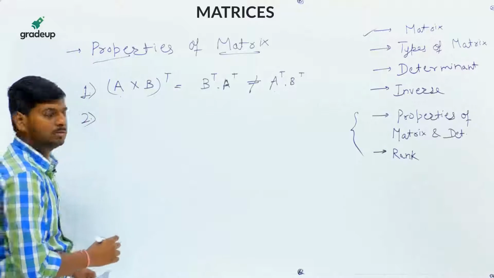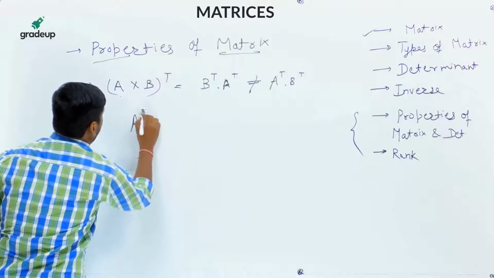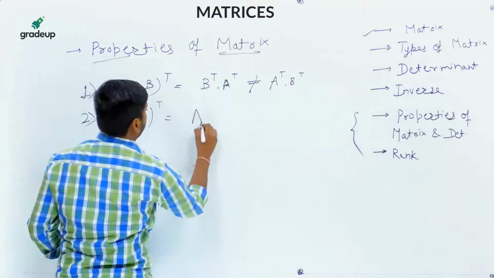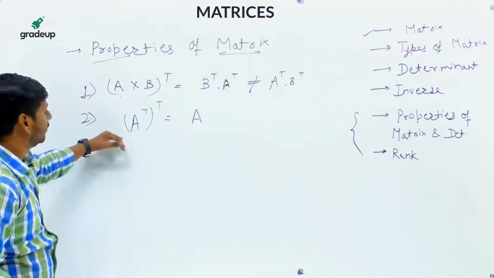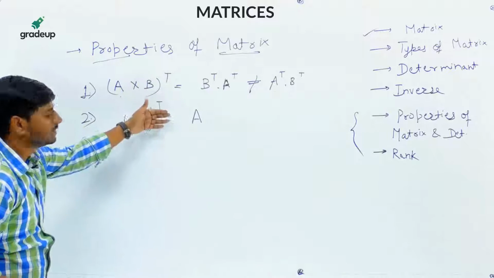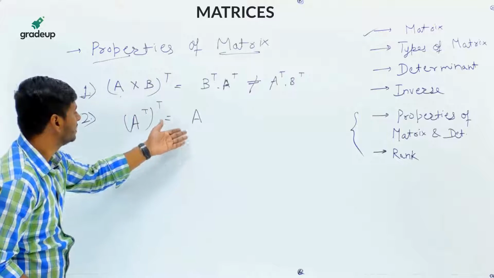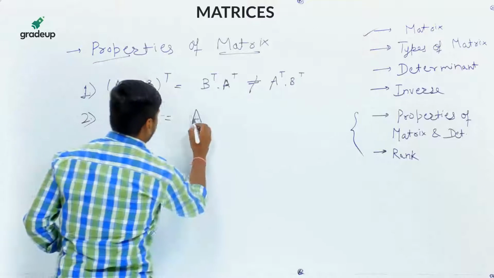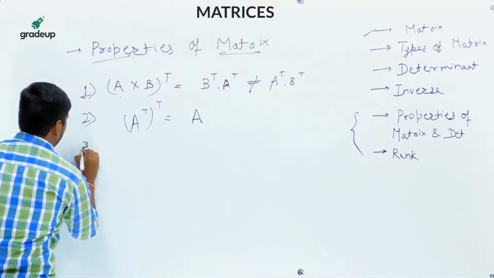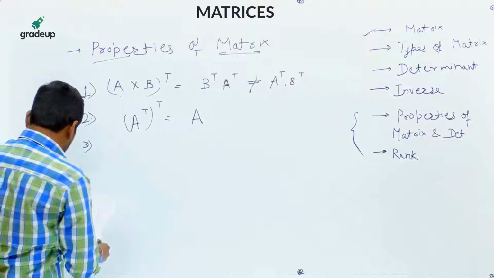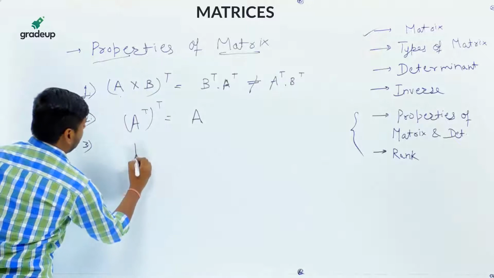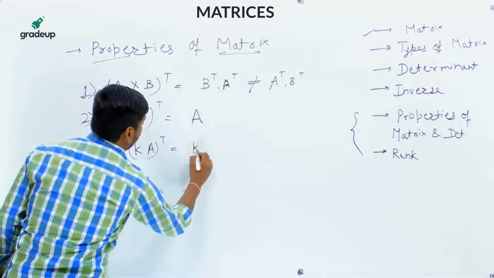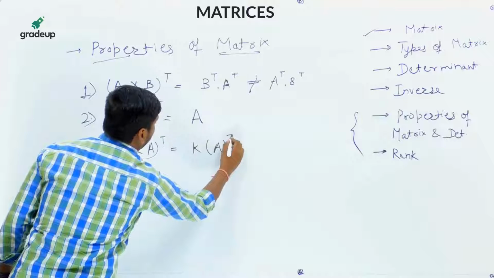Second property is the transpose of a transpose is equal to the same matrix. If we transform rows into columns two times, then we again get the original matrix. So the transpose of A transpose is equal to the same matrix A. Third property is the transpose of K into A is equal to K into A transpose.